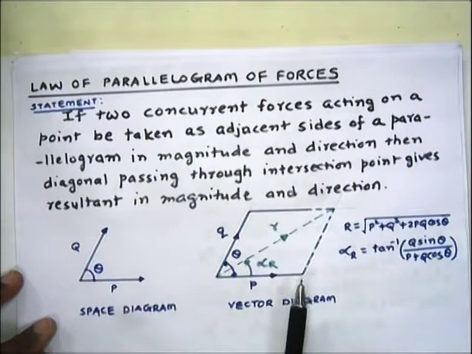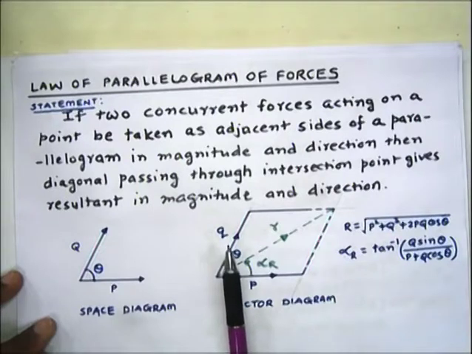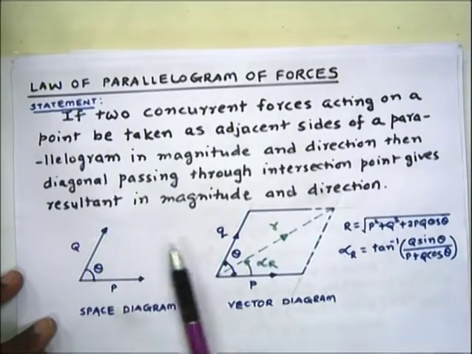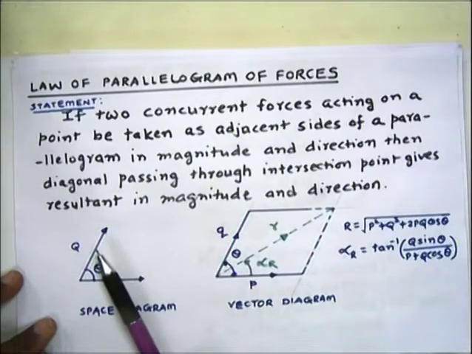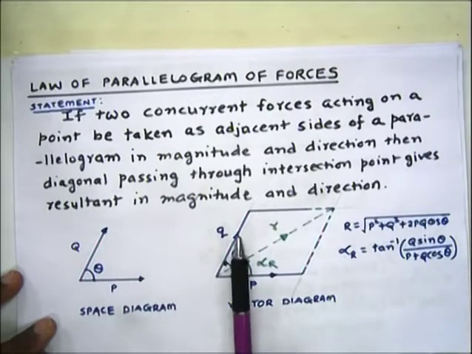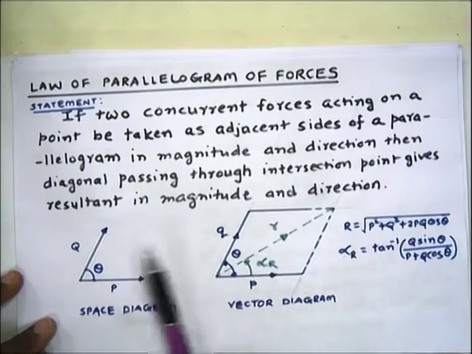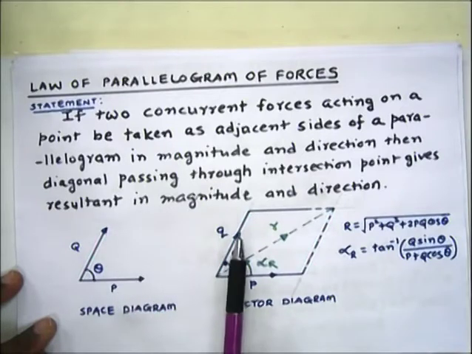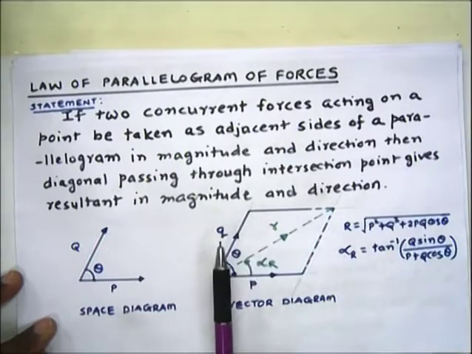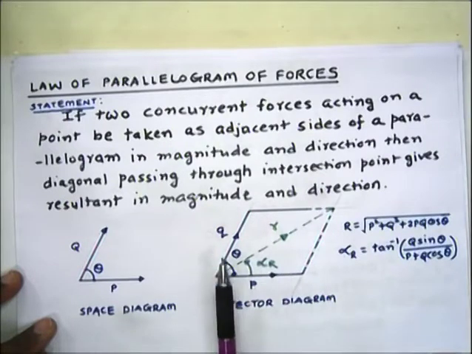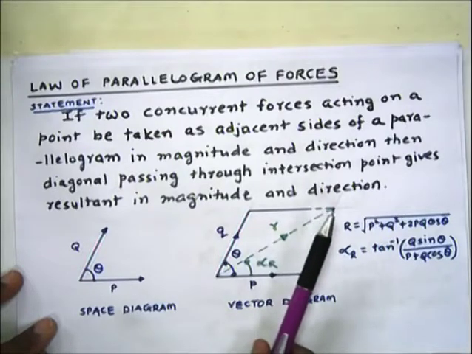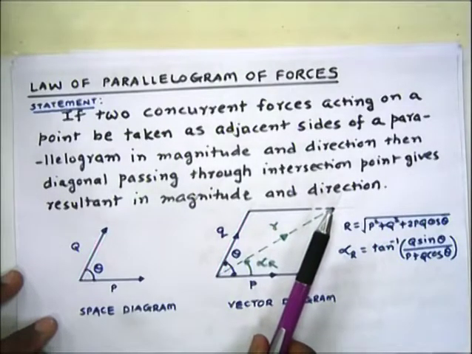Likewise Q, we have drawn the adjacent side of the parallelogram to scale, so magnitude, and parallel to Q, so the same direction. Then drawing this parallelogram and the diagonal passing through the intersection point gives you the resultant of the two concurrent forces.